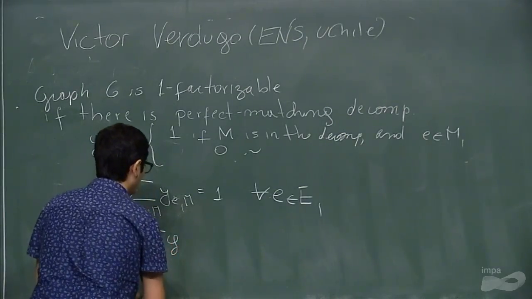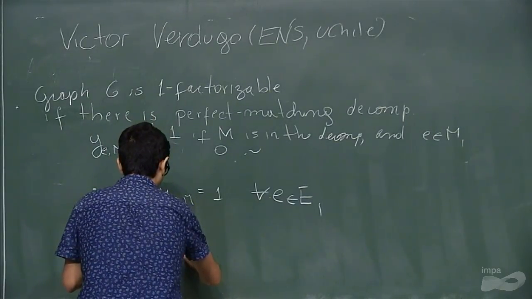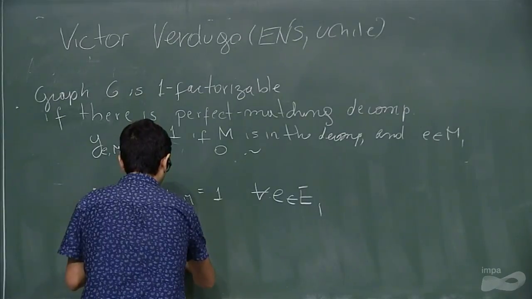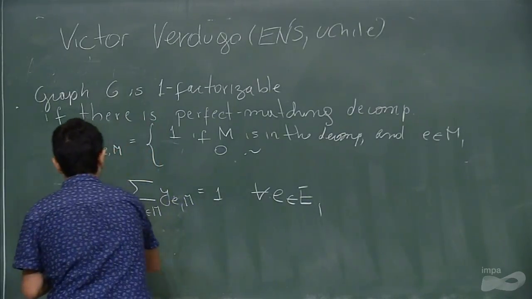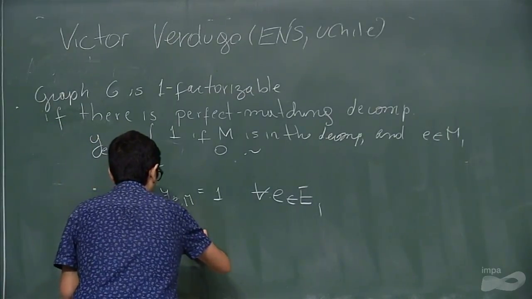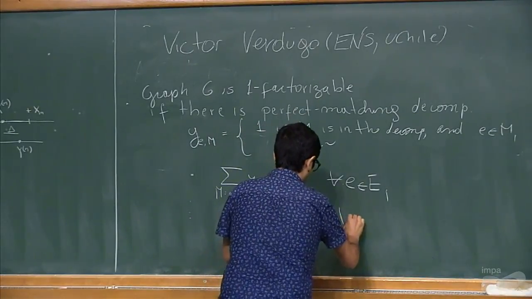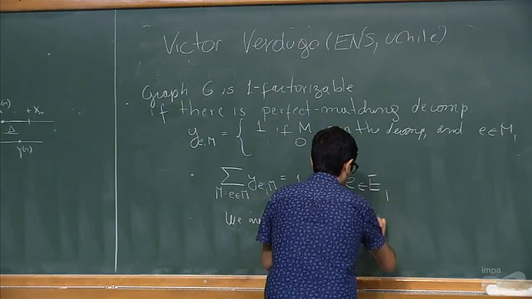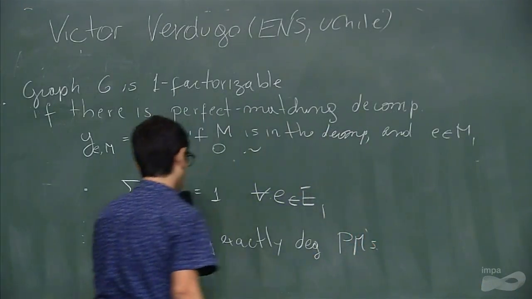So now if I sum over M, let me put it like this: we are using exactly degree many perfect matchings. Okay, good.